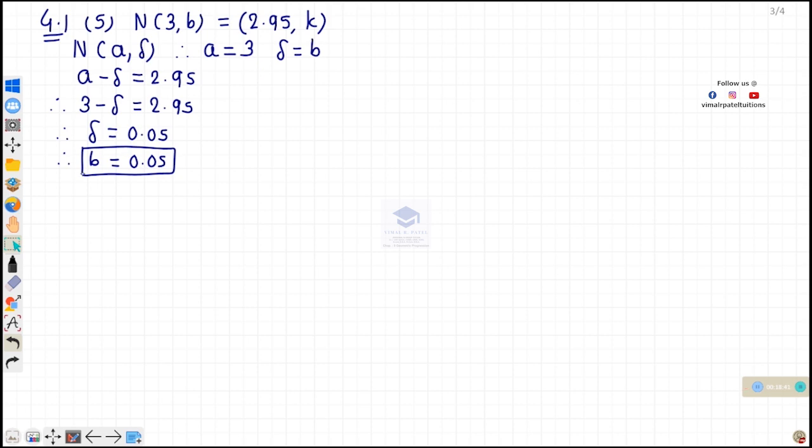Same way, A plus delta is equal to k. A is 3 and delta we have found out. You can say k is equal to 3.05. Okay.